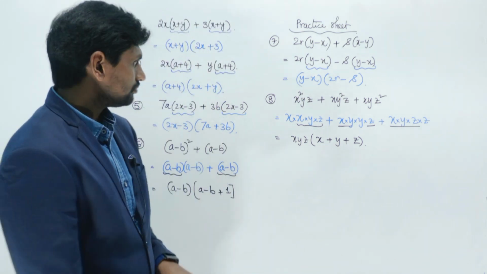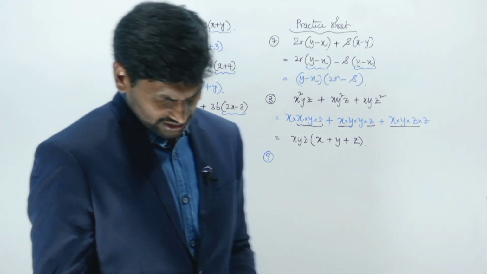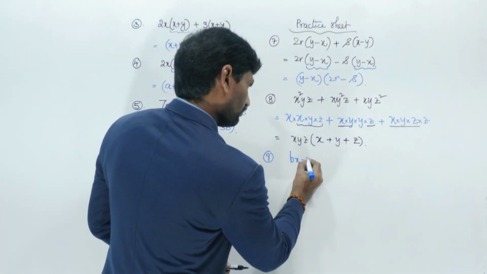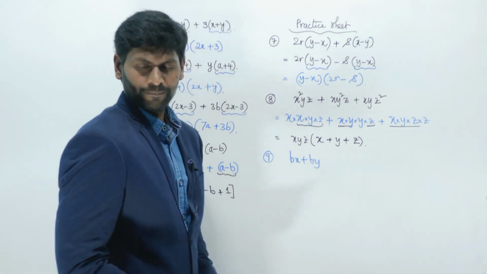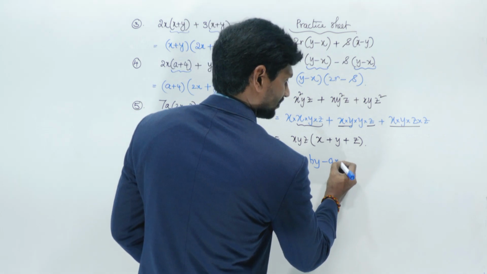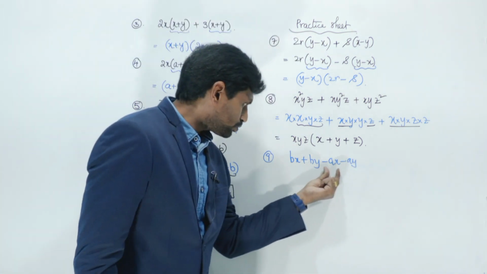Question number 9: bx plus by and minus ax minus ay. Now this time 4 terms are given: 1, 2, 3, 4 terms.